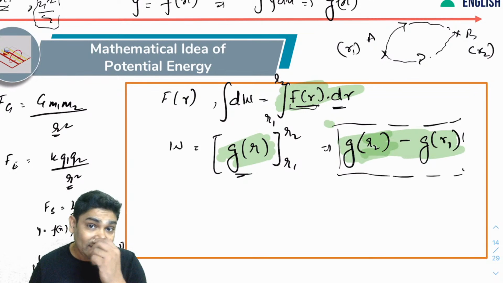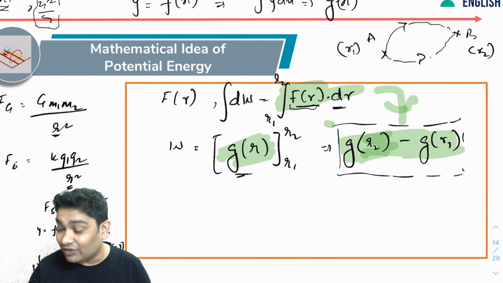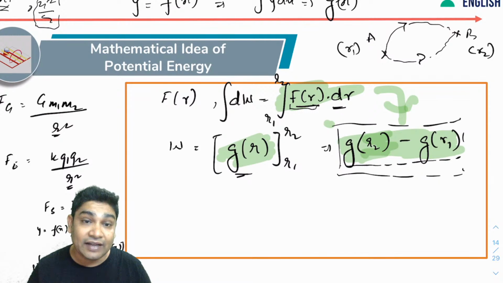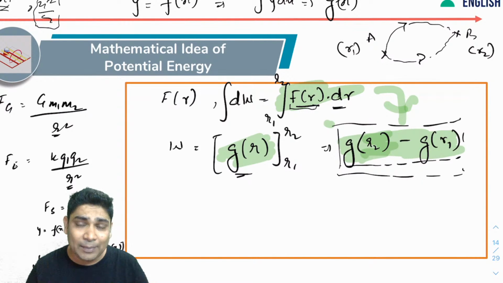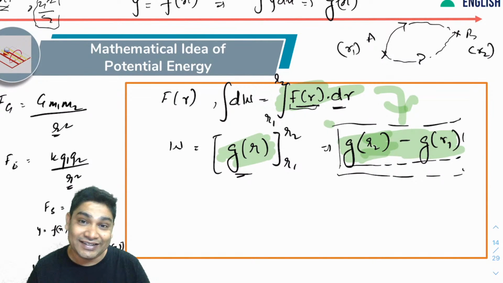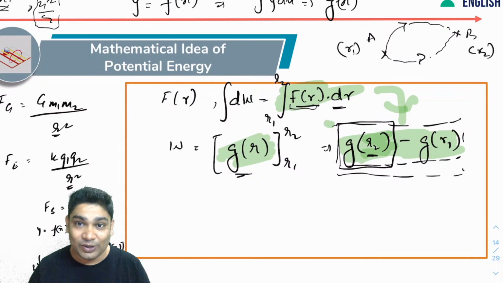Now the point is, if I am getting the same function again and again when I integrate this, then it is better for me to remember this function instead of doing this integration every time. Does that make sense to you? So that is what we started calling potential energy. If I memorize this function, I can associate a mathematical function with position.